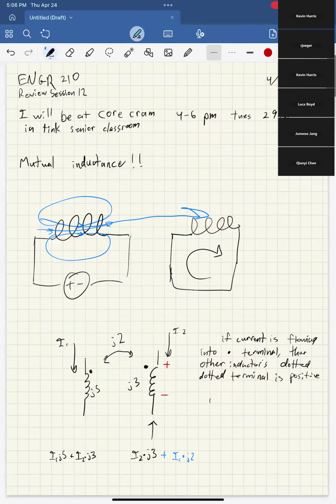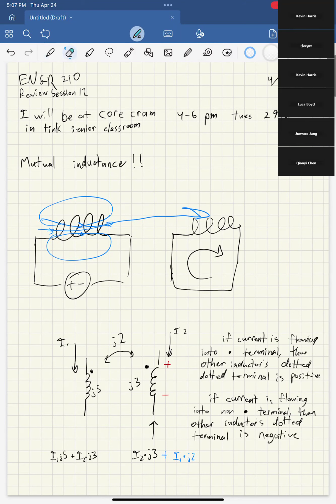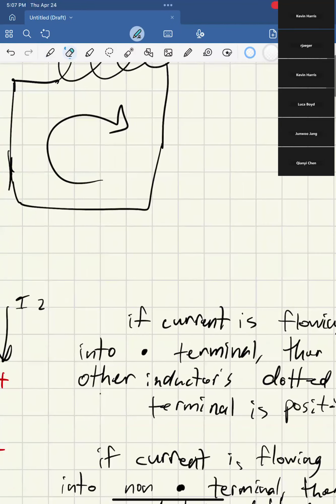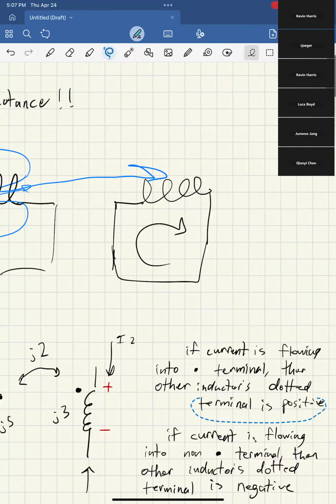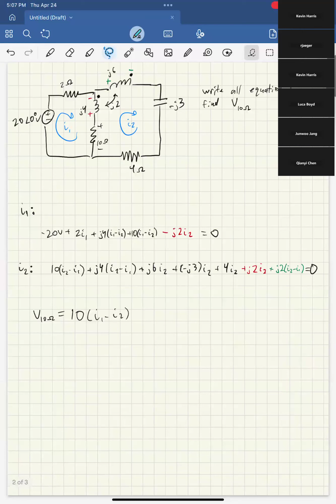If current is flowing into the non-dot terminal, then the other inductor's dotted terminal is negative. Yeah, so that's what I've done for this problem here.